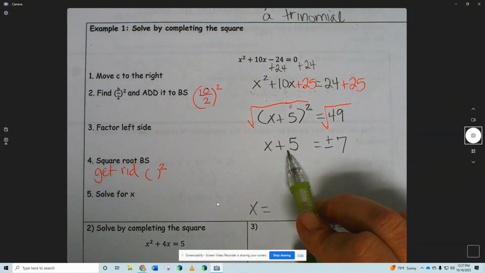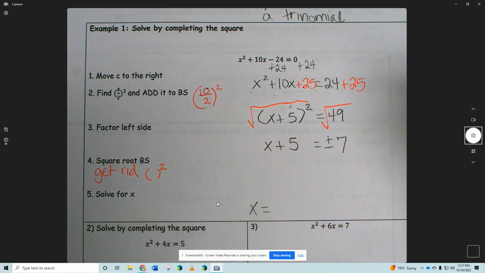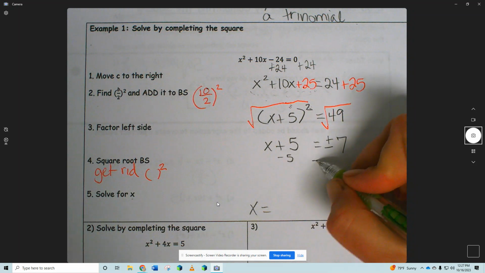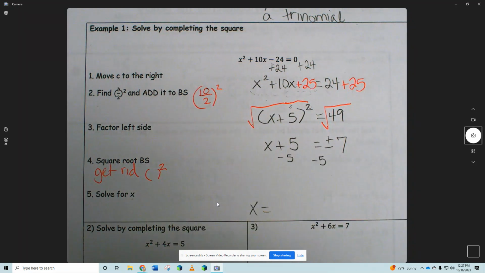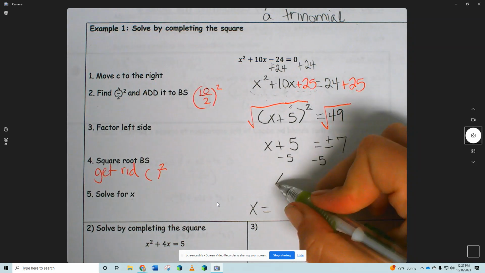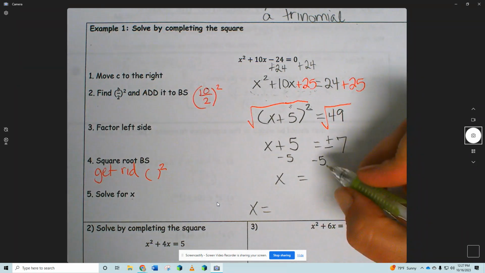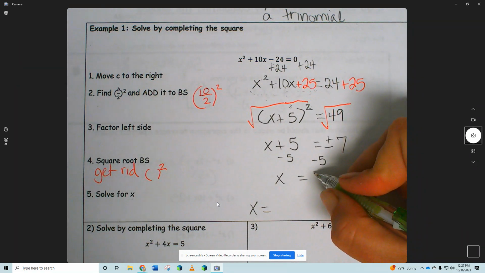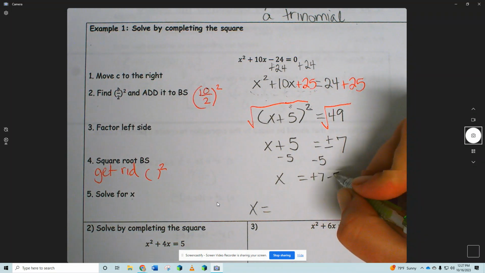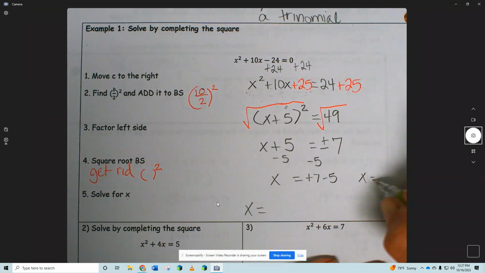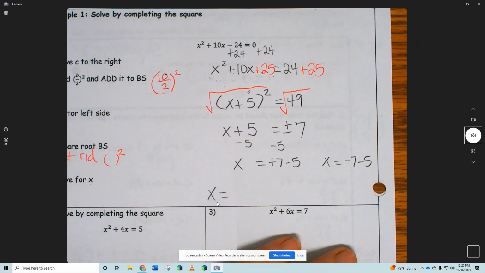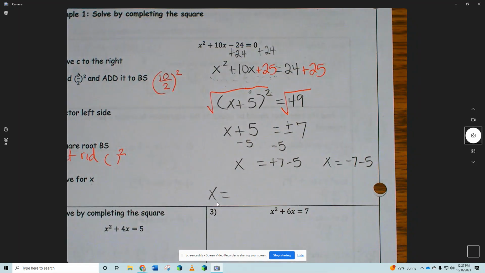Get x alone. You have to be careful because I'm going to subtract 5, yes, but it needs to go like this. X equals 7 minus 5, and x equals negative 7 minus 5. I have to do both. Because, see, there were 2 answers, positive 7 and negative 7.